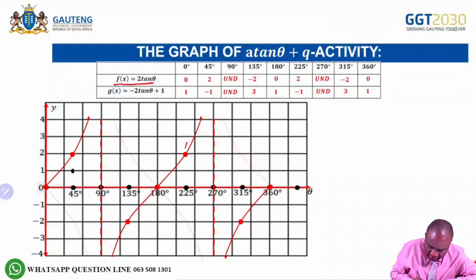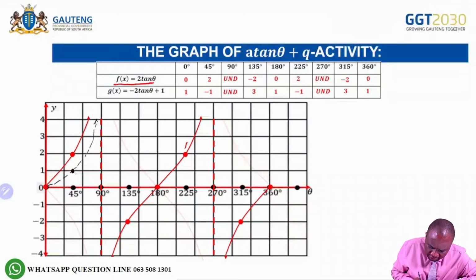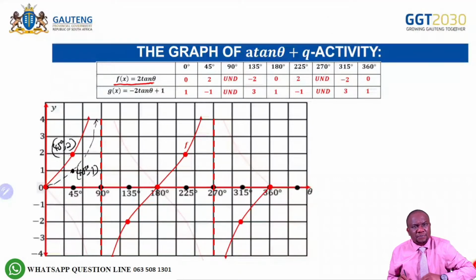Okay, and then the graph was going like this. Now, what has happened to this point? This one was 45 degrees, 1. Now it is 45 degrees, 2. Do you see that? It's taking the value of this a. The y value is taking the value of this a. Okay?